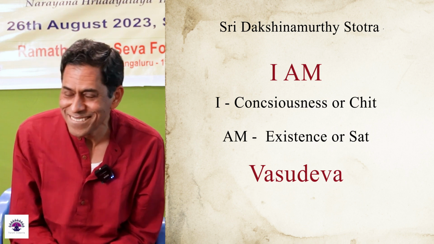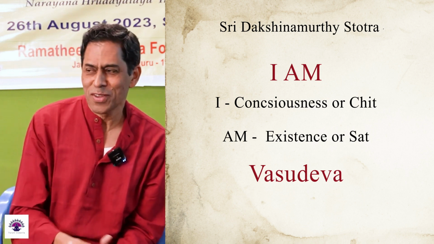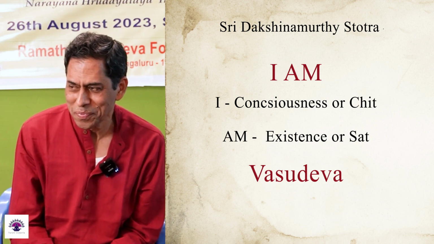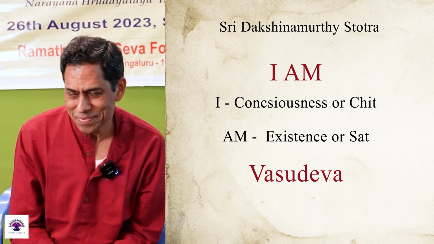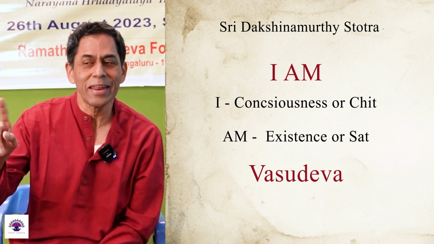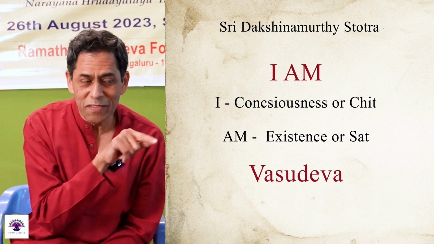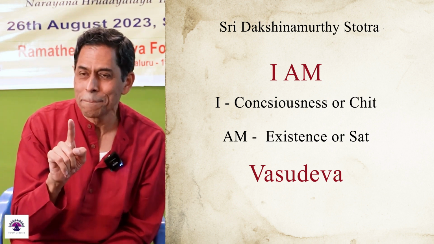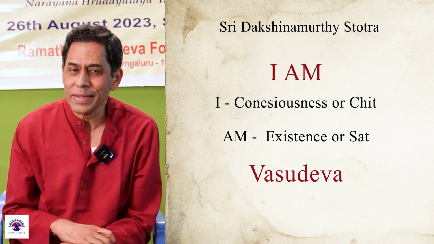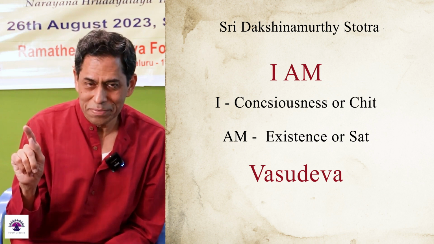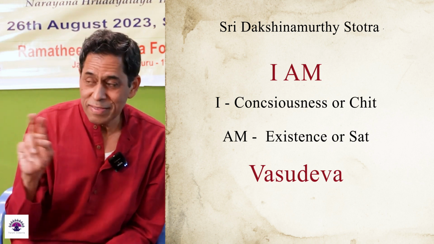Yeah? Chapter 10. In the 10th chapter, Vasudeva comes? Chapter 10, yeah. When he is describing the Vibhutis, he says, I am Vasudeva. All right, okay. But when he's talking about Vasudeva in the context of I am, that I'll agree. There is one more place. Go to 7th chapter, verse 19.